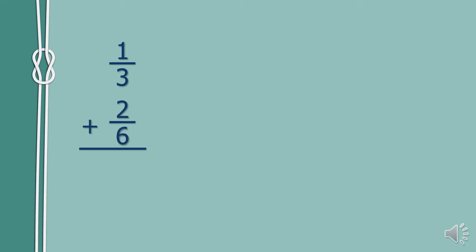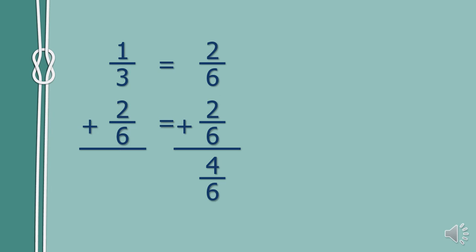It'll still be equal to 1/3, but it'll be in higher terms so that we can add 2/6 to it. And if you think about that, if we multiply 3 times 2, we get 6. So if we multiply by 2/2, we should get 2/6. And now we can add 2/6 plus 2/6 and get 4/6. You getting it? Catching on?